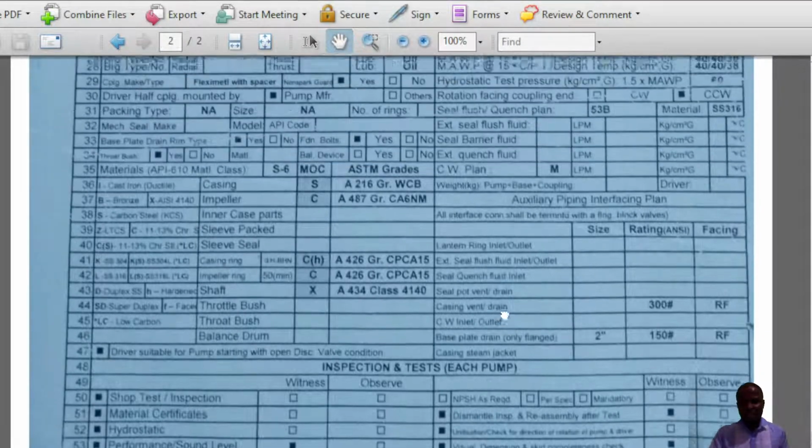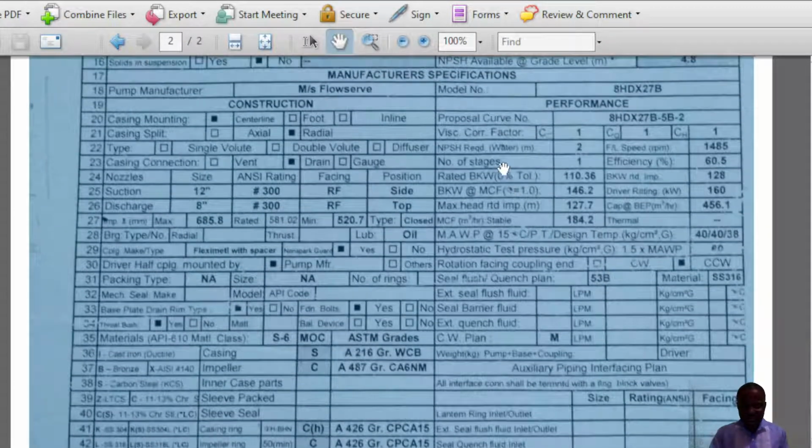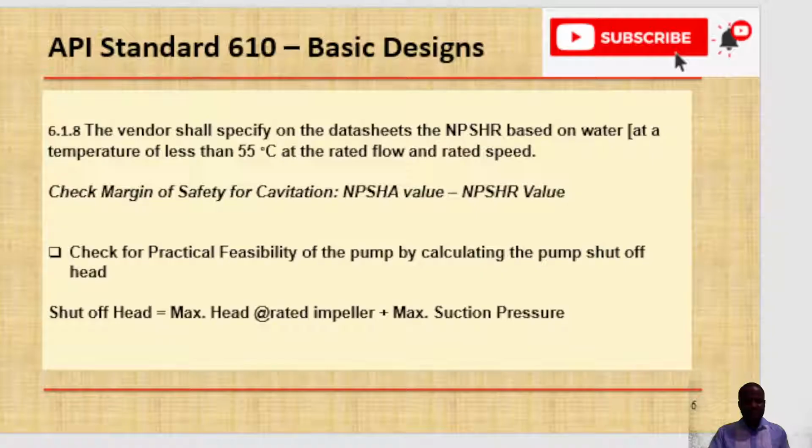Now let's look at the NPSH required. It is 2 meter. So now as per API 610, the margin of safety for that particular mechanical data sheet is 3 minus 2, and that's going to be 1.